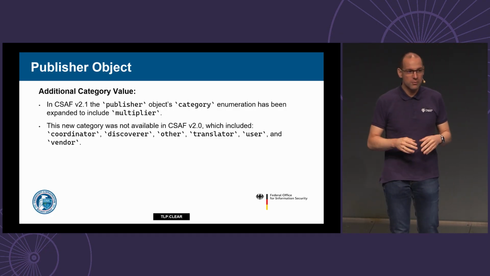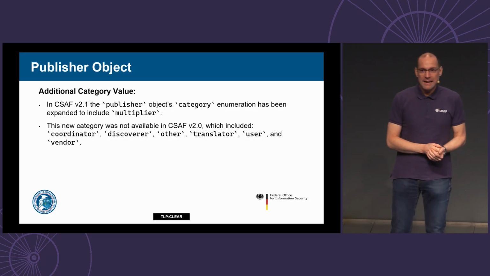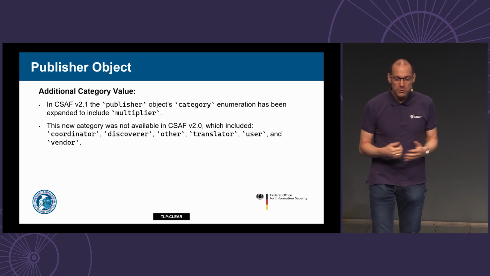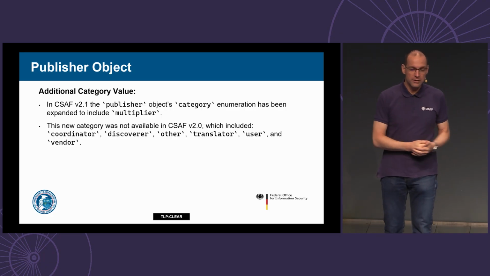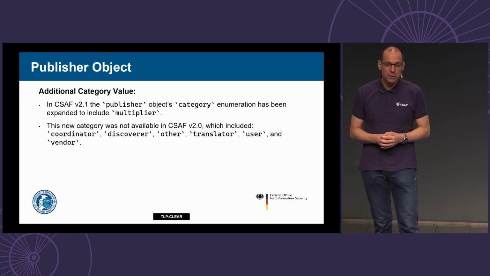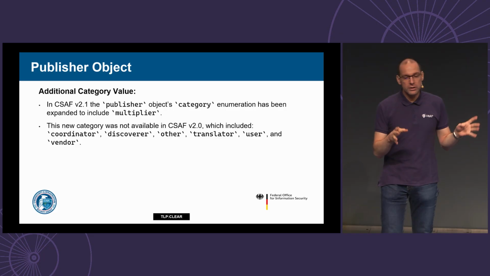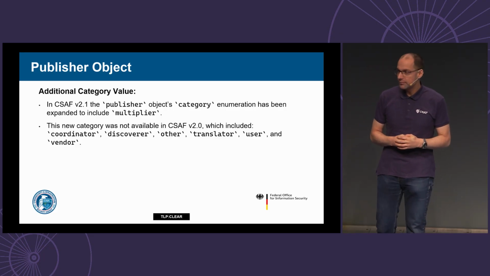So it was kind of, if you don't belong anywhere else, then you're in other. We said, well, that's kind of a weird thing that such a big group of documents goes into the other category for the publisher. So we said we need a dedicated category for that with some rules around that, and we introduced the multiplier.